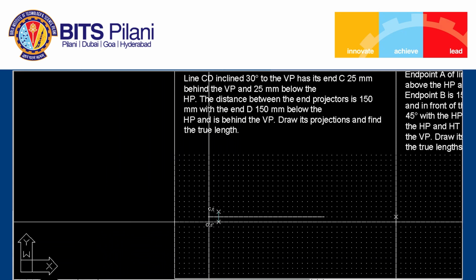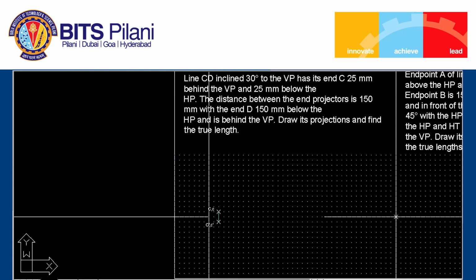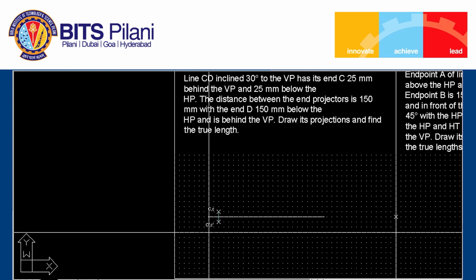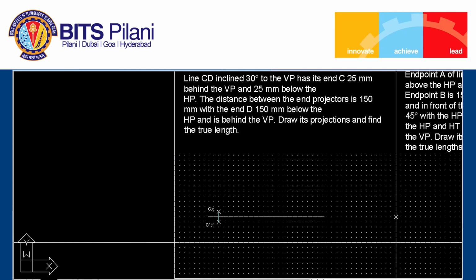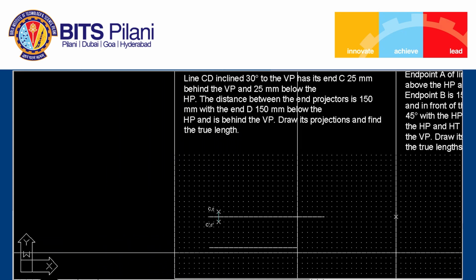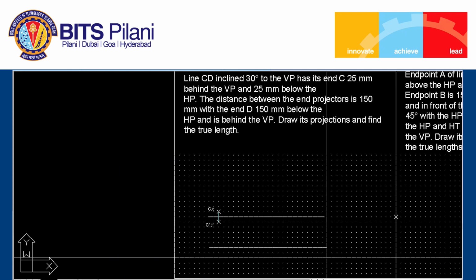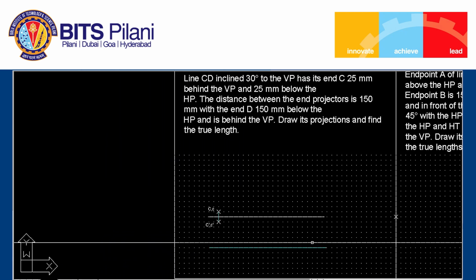So I will have to count 6 grid space here. So we'll count 1, 2, 3, 4, 5, 6, and we'll have to draw this line. So this is nothing but locus of small d prime.